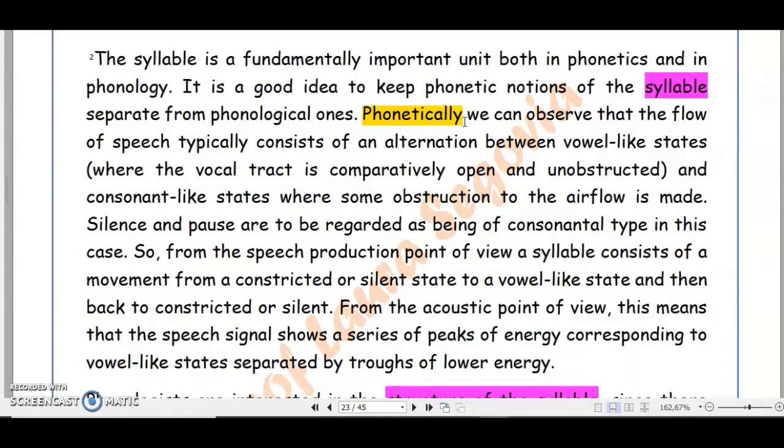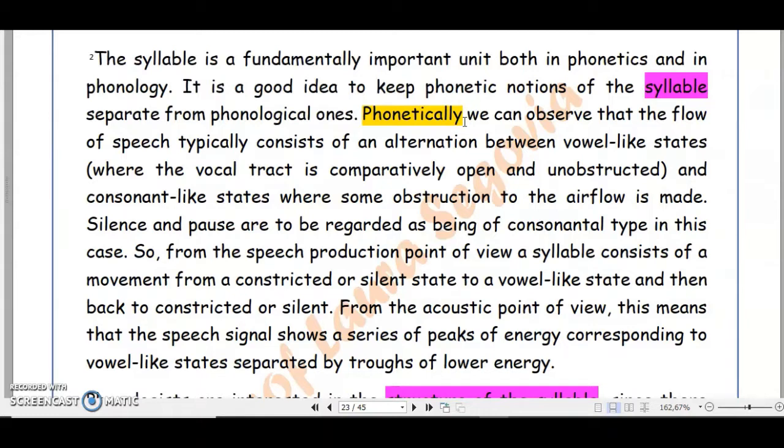okay? So there you have a consonant-like state. That means that there is an obstruction and the air goes through your nose. Okay, something happens inside of your vocal apparatus and the air goes through your nose. And when you produce the diphthong made up by two vowels, O, there is no obstruction.